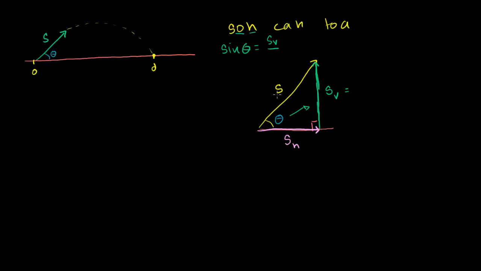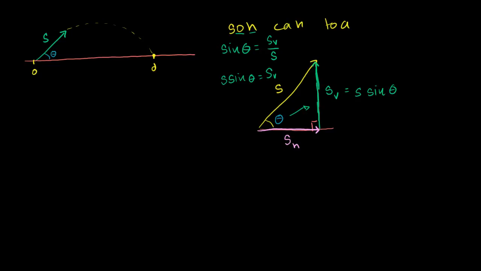And our hypotenuse is the speed s. And so if we want to solve for the vertical component of our velocity, we multiply both sides of this equation by s. So you get s sine of theta is equal to the vertical component of our velocity.